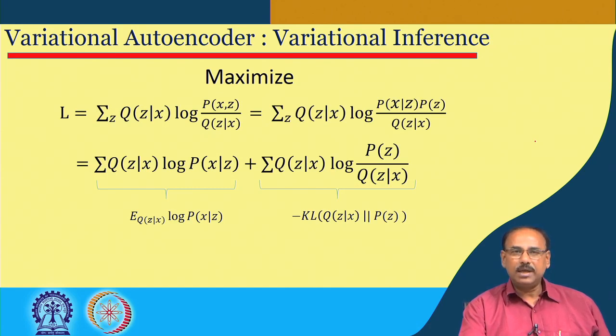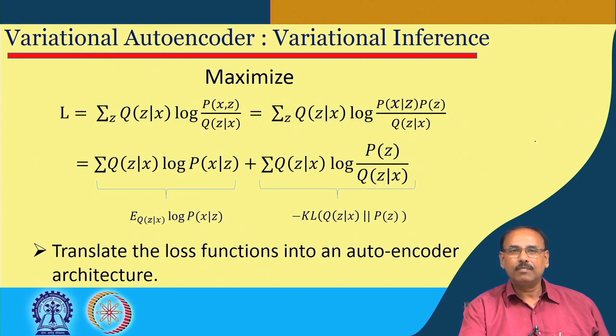Maximizing the first term means you are going for maximum likelihood estimation, and the second term is the minus KL divergence of Q(Z|X) and P(Z). Maximizing it effectively means you want to minimize the KL divergence between Q(Z|X) and P(Z).